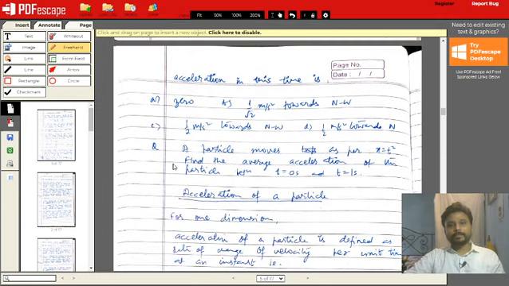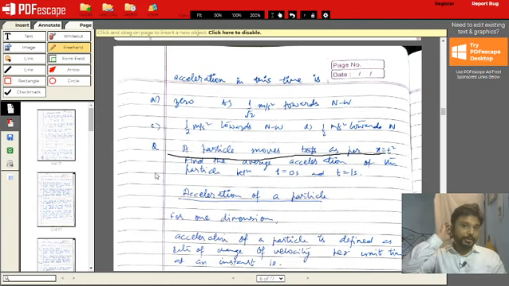Now let's say a particle moves as per x equal to t square. Find the average acceleration of the particle between 0 second and 1 second. So to find the average acceleration, we have to find the final velocity minus the initial velocity divided by the time interval.